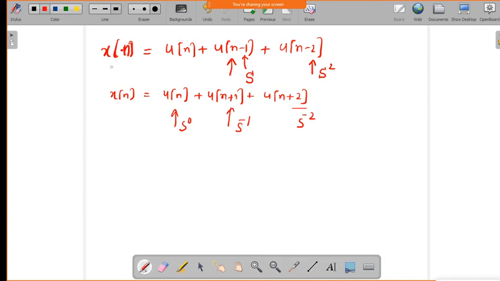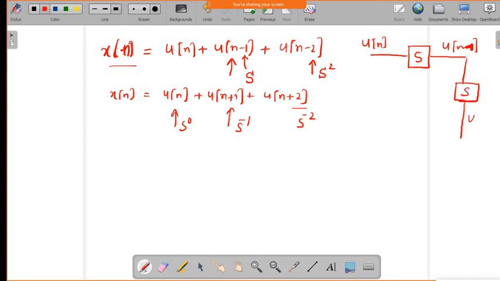Now how can we represent x of n in terms of interconnections? I have the u of n signal here, and if I shift u of n by 1 unit, that is s, you will get u of n minus 1. Similarly, I shift one more time and you will get u of n minus 2.